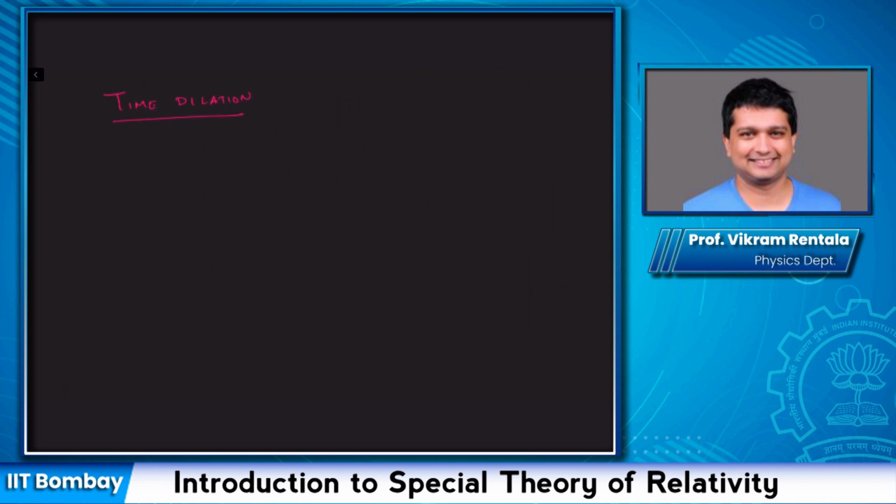So let's consider a static clock in frame S. And one way we can construct such a clock is to imagine what we call a light clock.